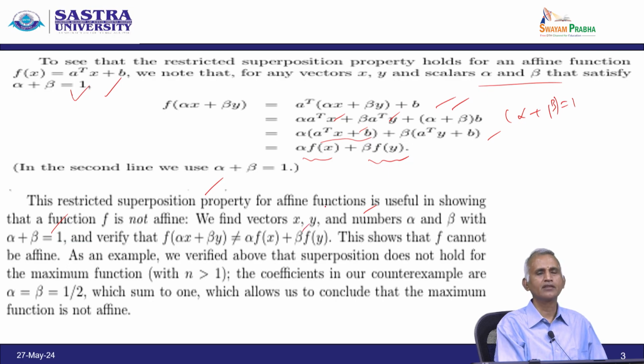If it fails, this shows that f cannot be affine. As an example, we verified above that superposition does not hold for the maximum function with n greater than 1. The coefficients in our counterexample are alpha equals beta equals 1 by 2, which sum to 1, which allows us to conclude that the maximum function is not affine.